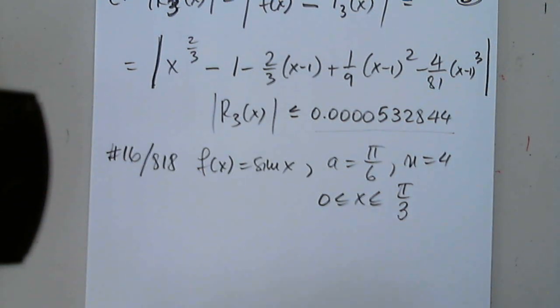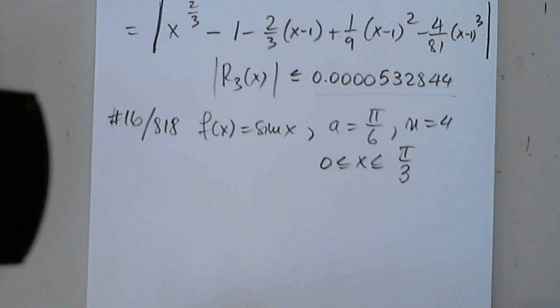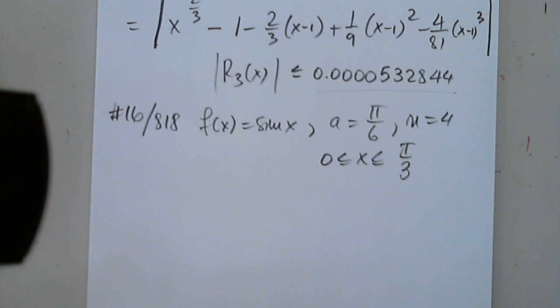Same steps, everything the same as with problem 15. So let's start with that. Of course, with the derivatives. This time we have to determine 4 or 5 derivatives, actually. So let's do just that.